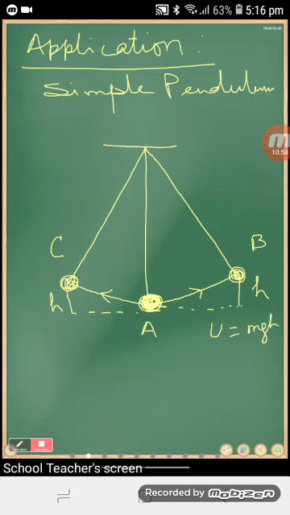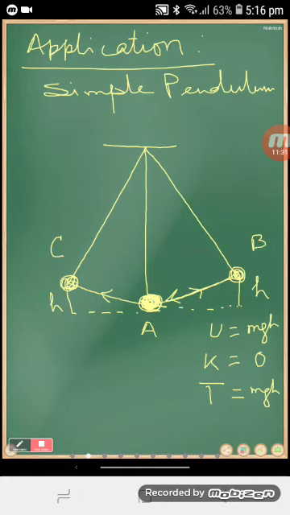We all know that at this extreme position the velocity becomes zero. As a result, the kinetic energy will become zero, and hence the total energy at position B will be mgh. Similarly, when it comes back from B towards A, it starts reducing its height, and this potential energy starts converting into kinetic energy as the bob gains velocity.